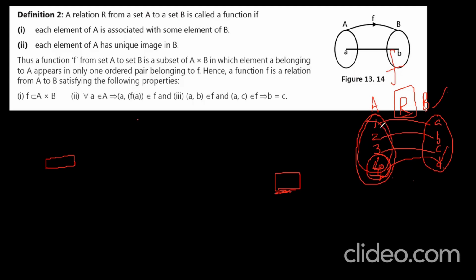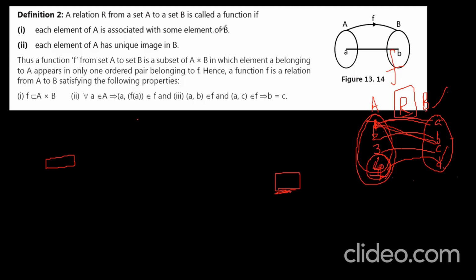And each element of A has a unique image in B. Suppose you take one a and one b. One has only one image, that is a only. Two has b only. Three has c only. Four has d only. Unique image in B.